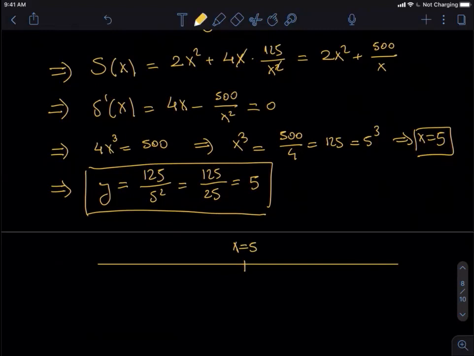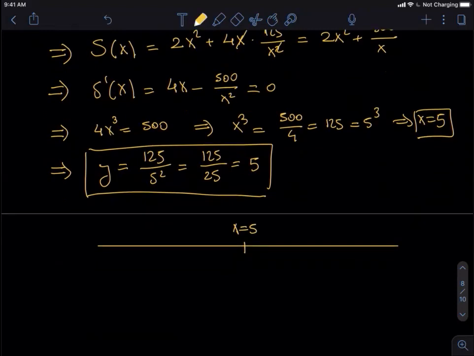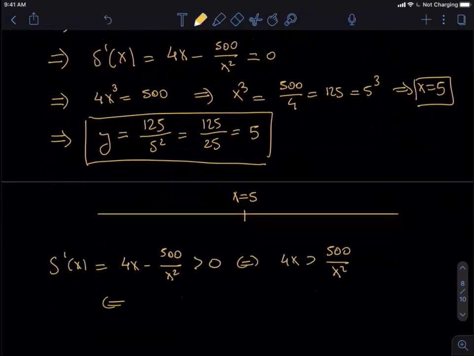And then let's see. So we have s prime of x equal 4x minus 500 divided by x squared positive. That means 4x bigger than 500 over x squared. That means x to the power 3 bigger than 125, and that means x bigger than 5.